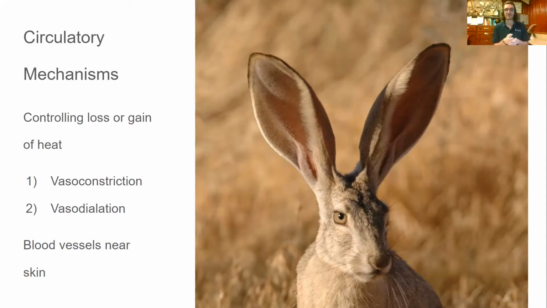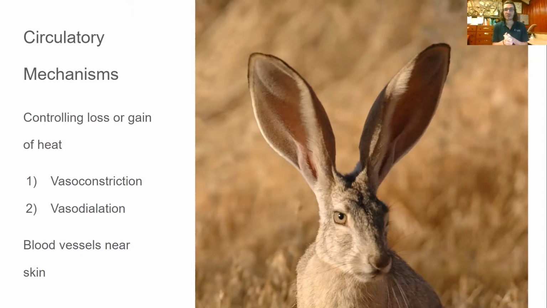A really cool example of this is the jackrabbit here. What you can see is they have really large ears with a lot of surface area, and they have complex networks of blood vessels running through those ears.